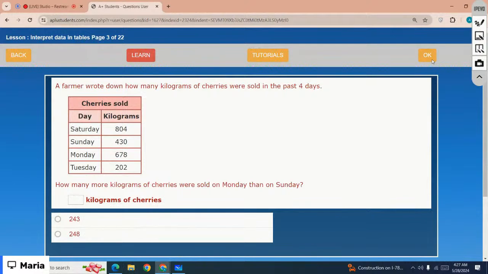A farmer wrote down how many kilograms of cherries were sold in the past 4 days. How many more kilograms of cherries were sold on Monday than on Sunday? So, which is the correct option?